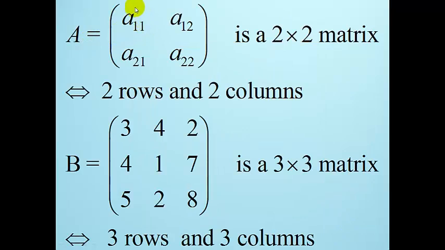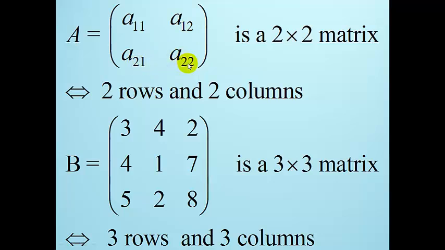Now A equals A11, A12, A21, A22. Now A11 means that the position of the A is in the first row, first column. A12 means the first row, second column. A21 means the second row, first column.